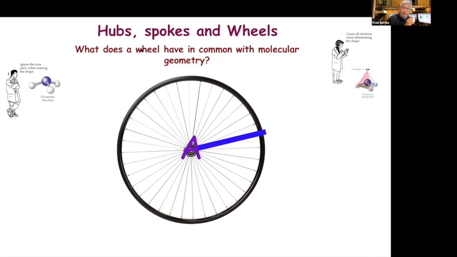And when there's a bond that's attached to that atom, we call that a spoke, or a region of electron density, or electron domain. So these things have three ways that I refer to them. I can call it a spoke. I can call it a region of electron density.